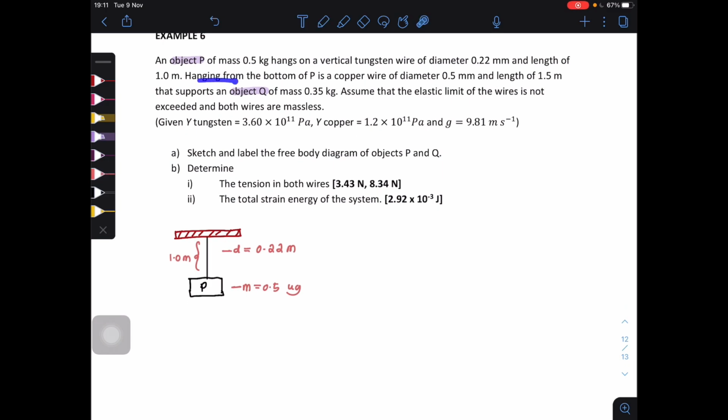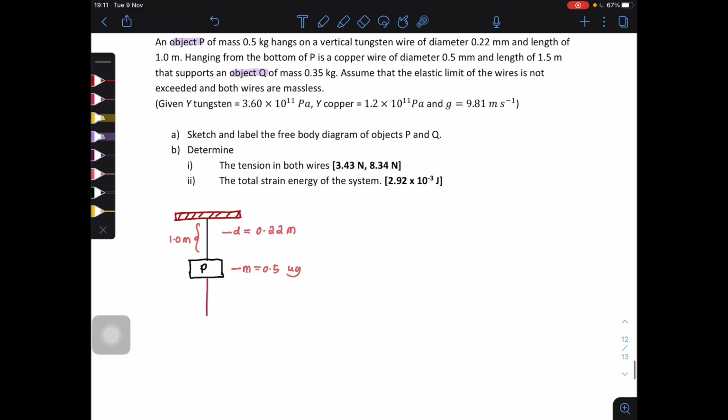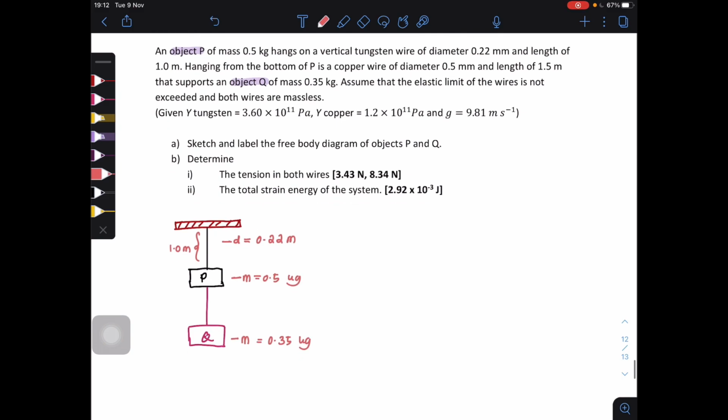And then hanging from the bottom of P, so dekat bawah P ni, we have another copper wire. So we have another copper wire here that supports an object Q. So dekat bawahnya tergantung lagi object Q. And then object Q has a mass of 0.35 kg, and then the wire has a diameter of 0.5 mm and the length of this copper wire is 1.5 meter.